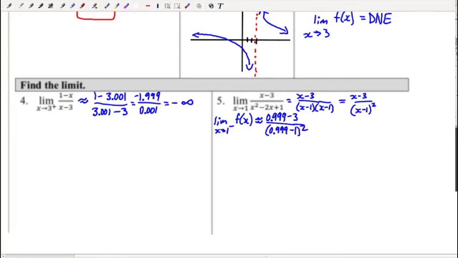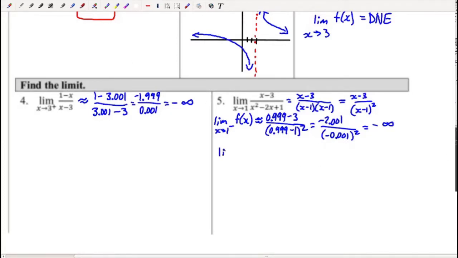So I've got 0.999 minus 3, which is going to give me negative 2.001, divided by 0.999 minus 1, which is negative 0.001, squared. And what I've got here is a negative number divided by a positive number, because a negative number squared is going to be positive. So negative divided by positive is still negative. So this is going to go to negative infinity.